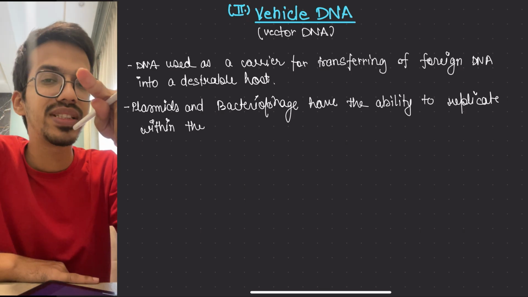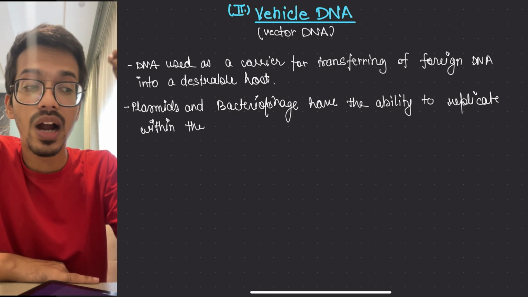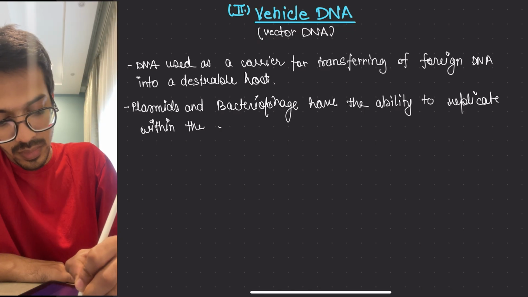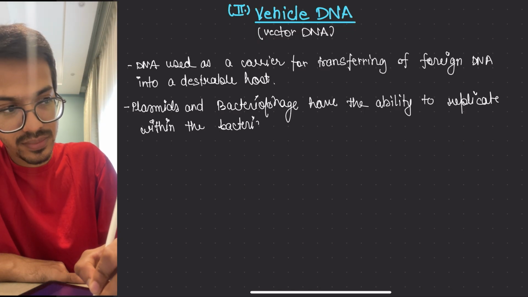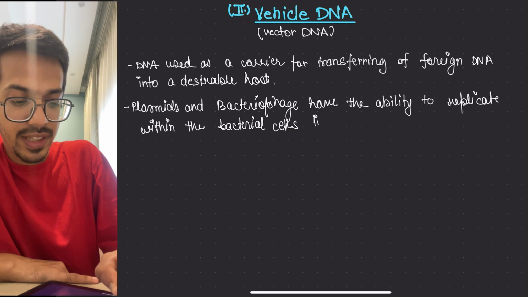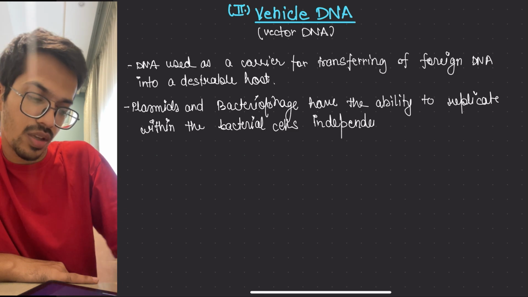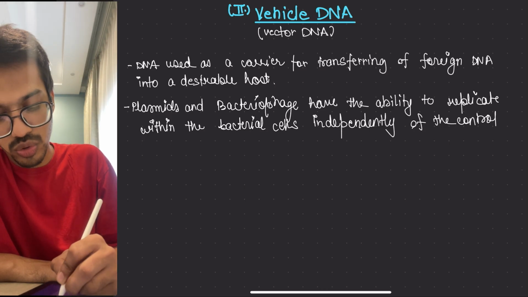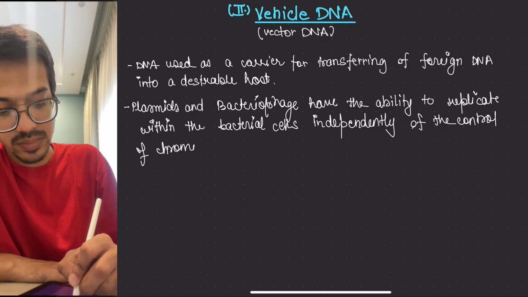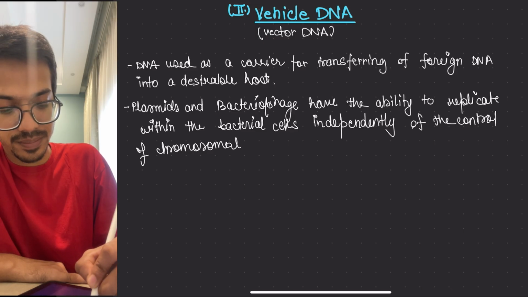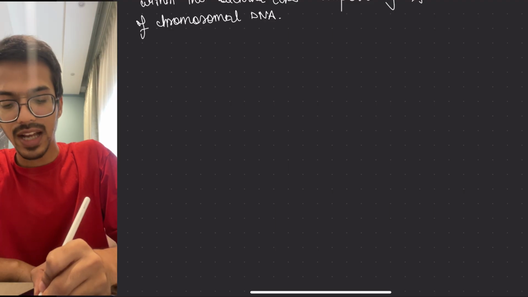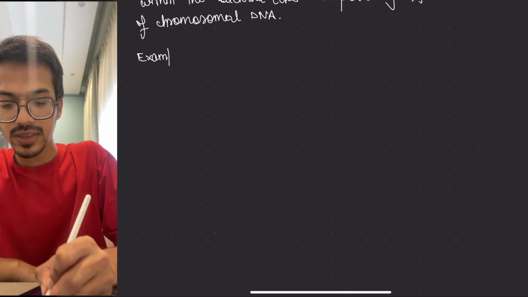Plasmids are one of the parts of bacteria. They replicate within the bacterial cell independently of the control of chromosomal DNA. Now we're going to understand the examples of it. The first example is the plasmid.